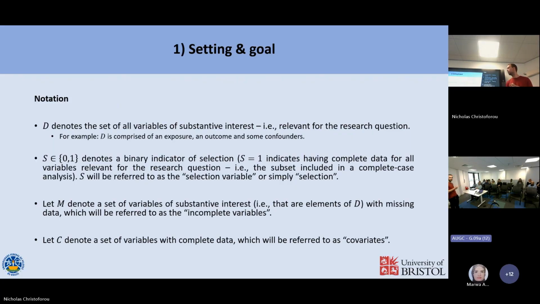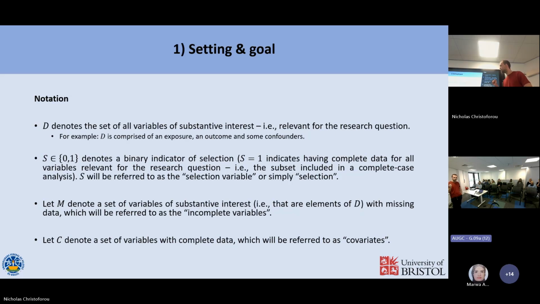What I want to talk about today is a strategy that we can use to give us more or less confidence that the assumptions we need for dealing with missing data are satisfied or not in a particular situation. To start, I need to introduce some notation, but it's not difficult notation.